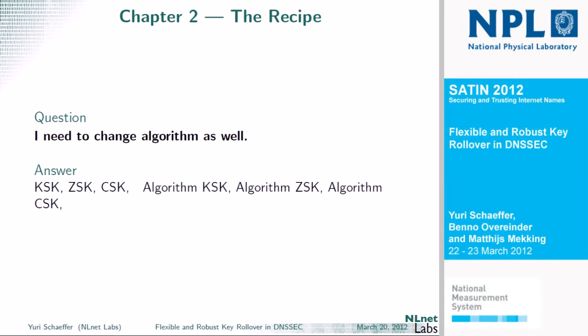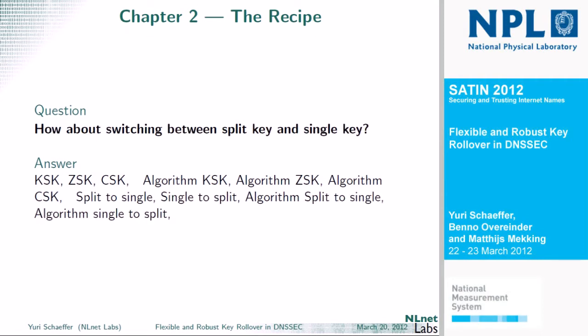No, it can't, but I can come up with some recipes to do that. Great. Say, for example, we have a split key. We have a KSK and a ZSK, and I want to roll it to a CSK, or the other way around. Can I do that? Well, sure, I'll make something up.